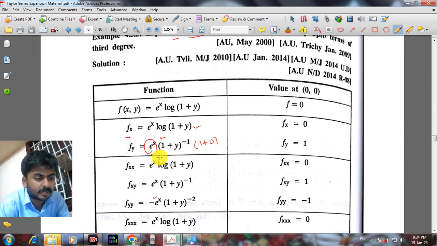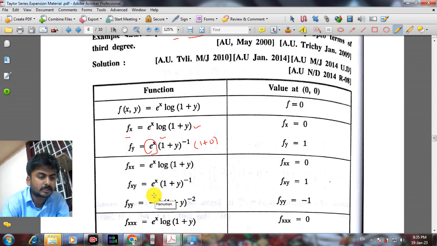But if I had e power xy into 1 plus y whole power minus 1, then you would have no other way, you have to use the formula uv dash plus vu dash. But for this you do not have any worries about u dash v, because e power x is constant.